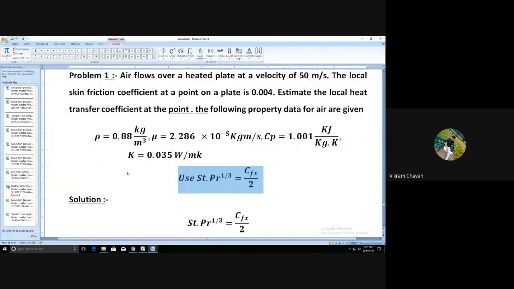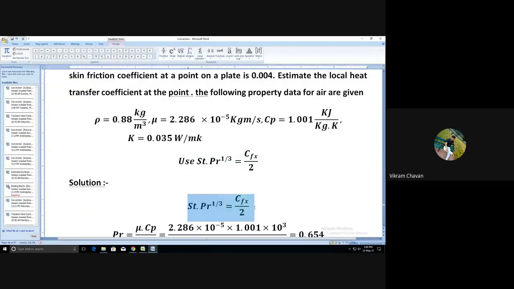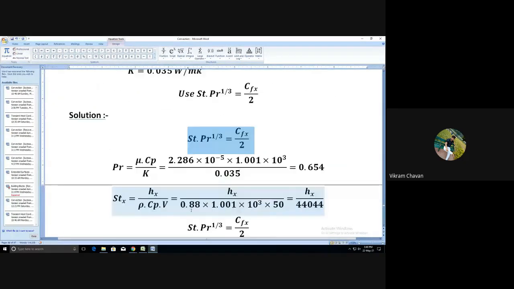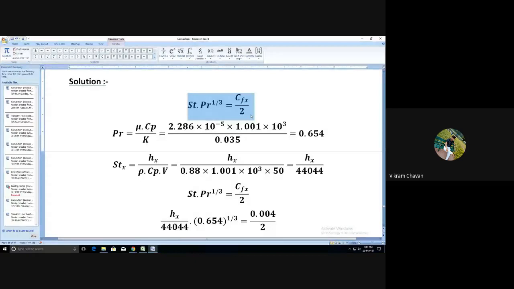So we have to determine the local heat transfer coefficient at that particular point on the plate, where we have determined the local skin friction coefficient. For that reason we have to use this relation: Stanton number multiplied by Prandtl number raised to 1 by 3 is equal to Cfx divided by 2.